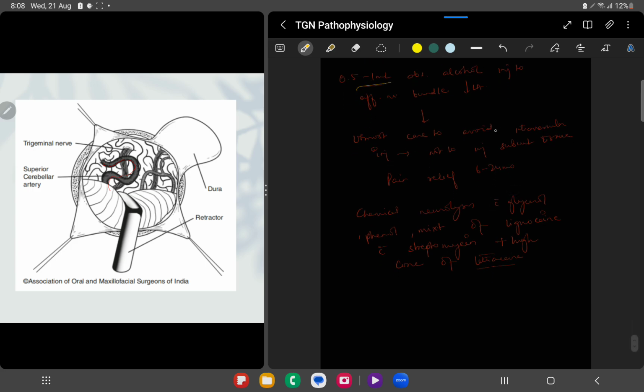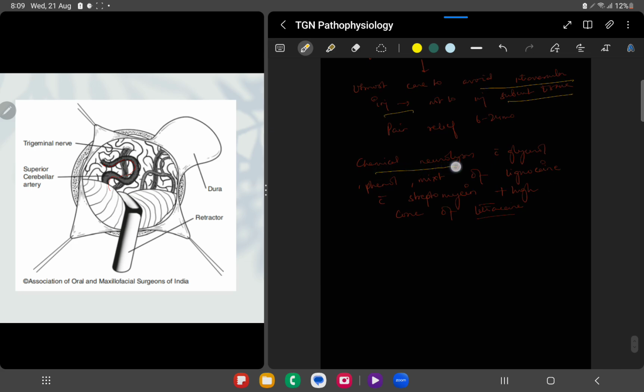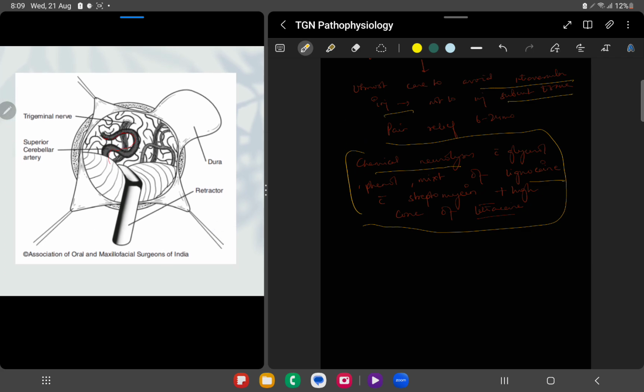Care is taken so that no intravascular injection is done and the alcohol is not injected directly into the subcutaneous tissue. There may also be chemical neurolysis with glycerol, phenol, or a mixture of lignocaine with streptomycin, and a high concentration of tetracaine can be used.